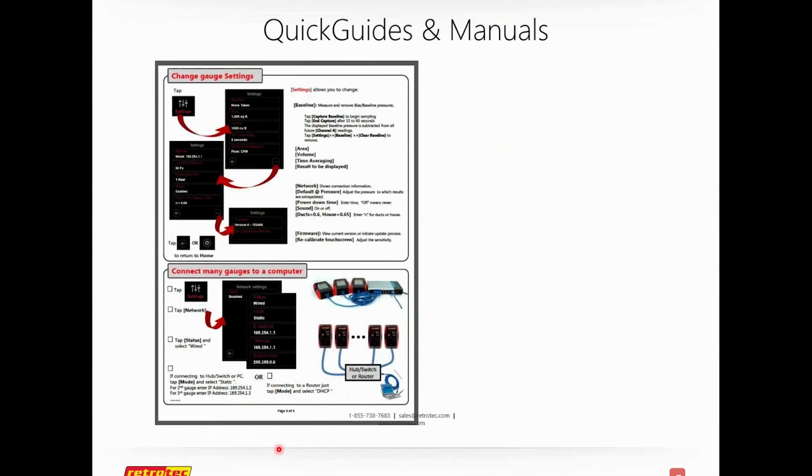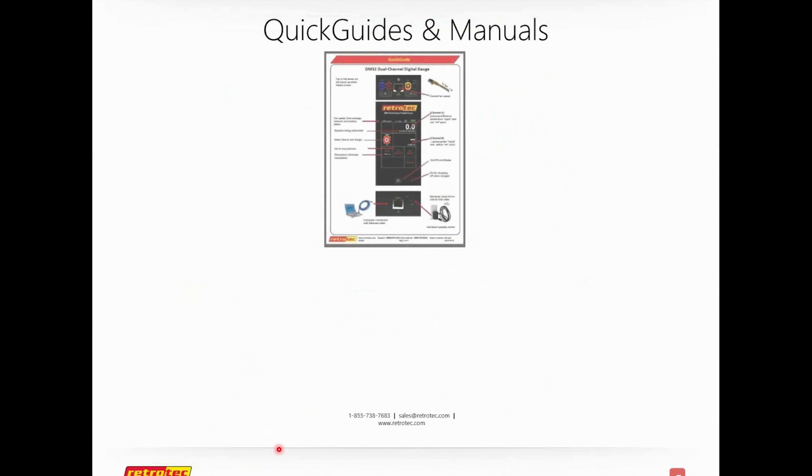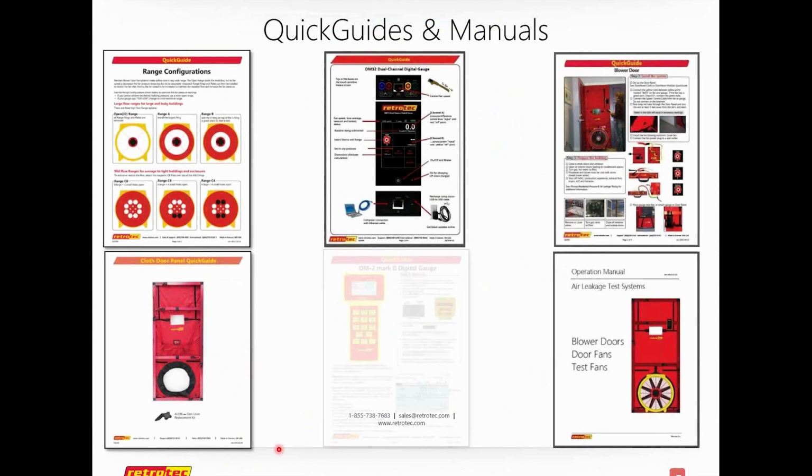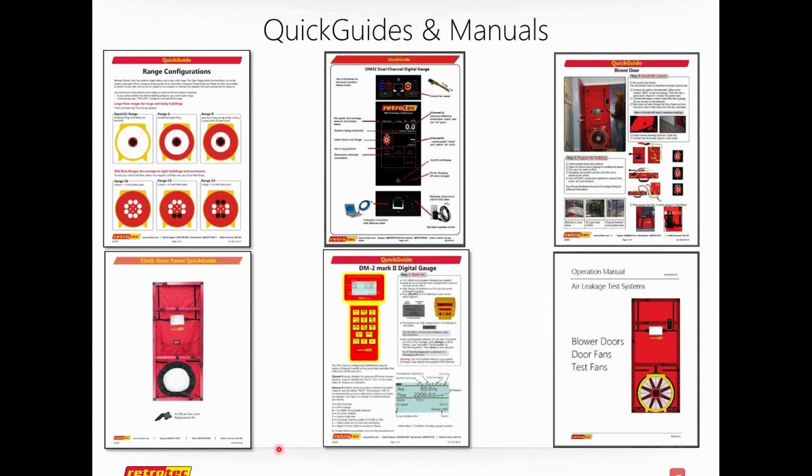Just check it out in the support area. It's got a nice little search window of its own. You can find anything you're looking for. It's sort of an encyclopedia of knowledge as far as testing, pressure, and all the applications and products that we sell.